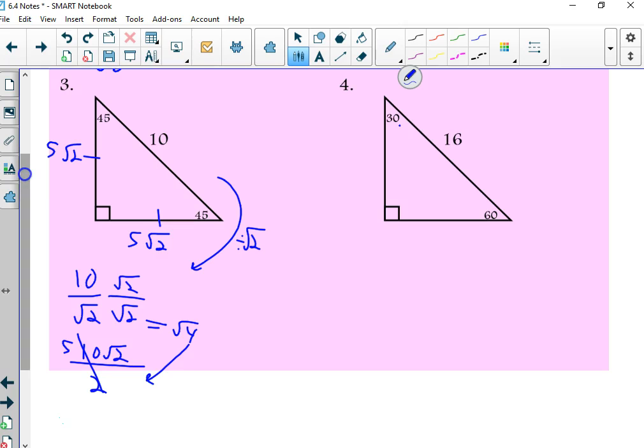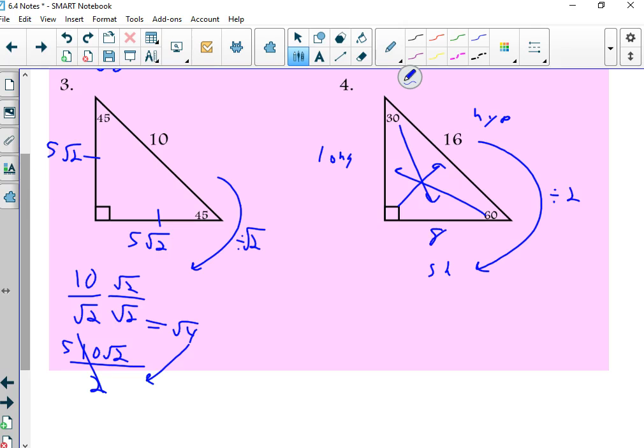Okay, number 4. 30. That's my short side. 60. Oh, my long leg. And then my longest side, the hypotenuse, is here. Now from here, if we have the hypotenuse, we always want to go to the short side. That's our reference point. So if we're going from the hypotenuse to the short side, remember this is divided by 2.